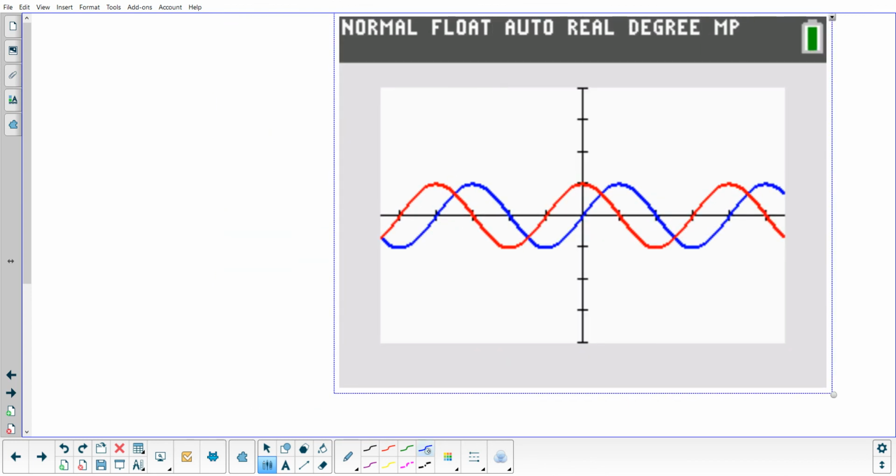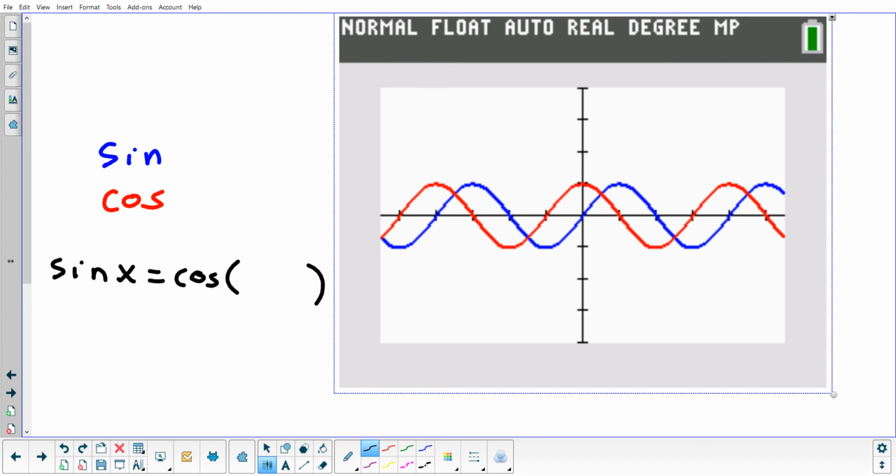The blue one was sine, and the red one was cosine. It is one tick mark on the screen, but each tick mark is not one unit. Tim? Pi over 2. Yes, it's a shift of pi over 2. So let's say we could write this formula two ways. Let's say we want to do sine of x equals, what would you have to do to the cosine function to turn it into the sine function?